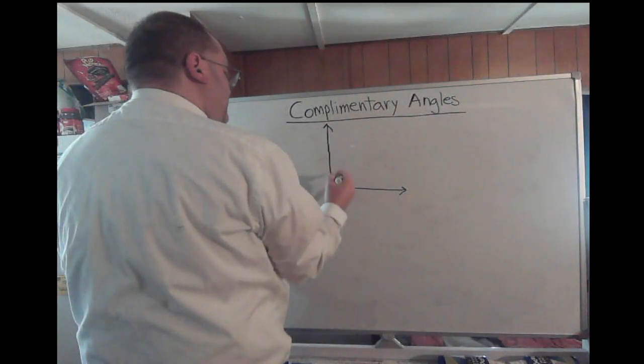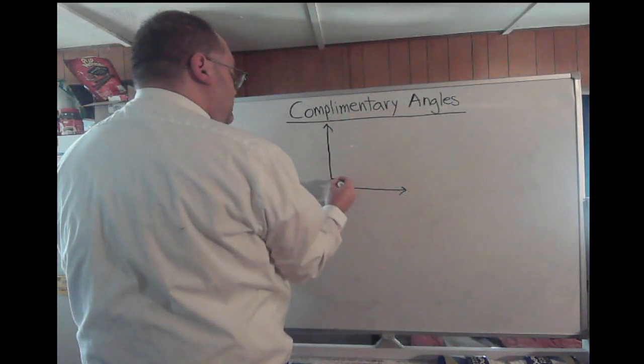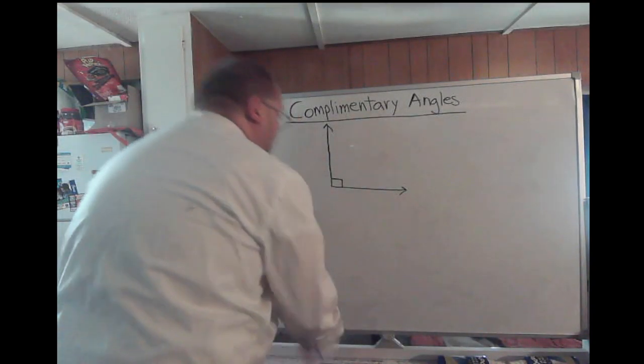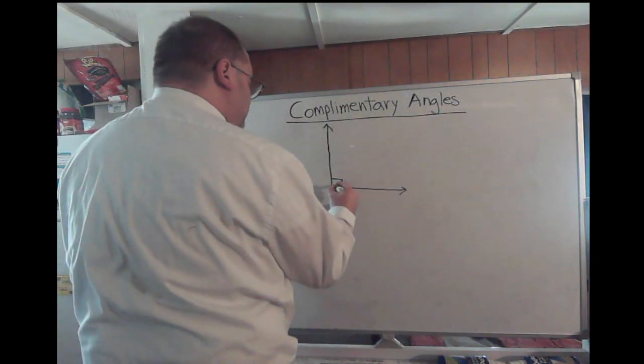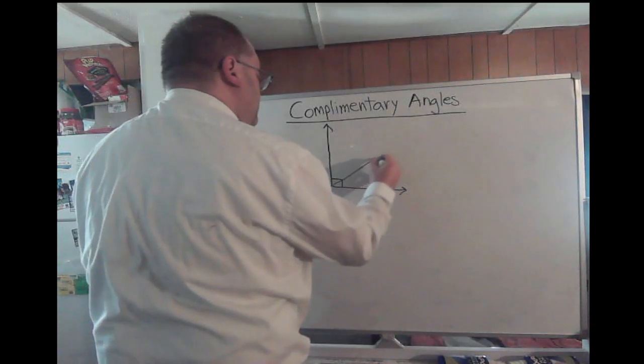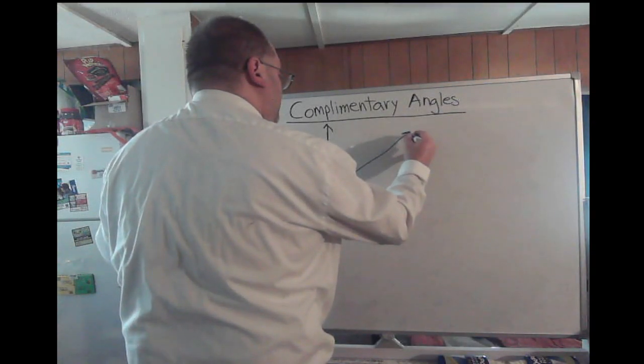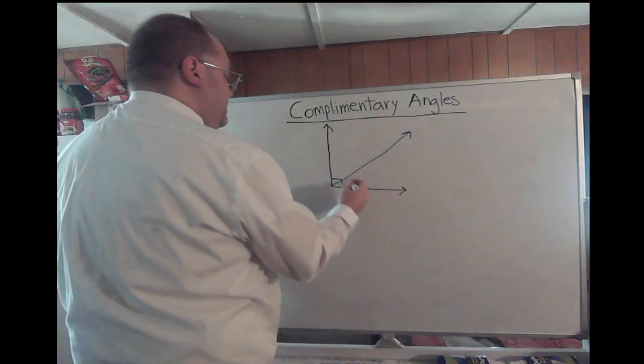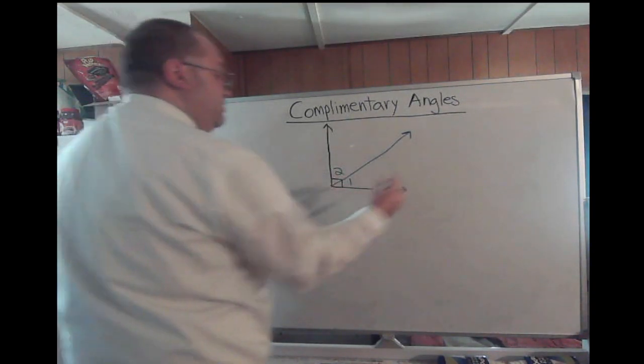So here, we have a perfect right angle. Well, let's say I split this angle up into two angles. The sum of these two angles will equal 90 degrees.